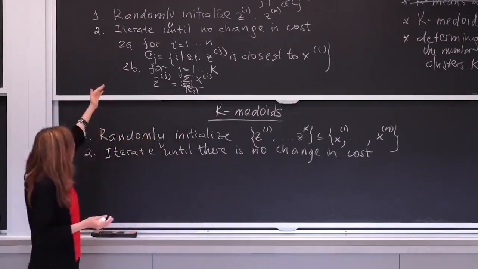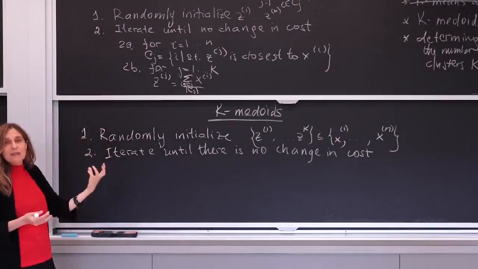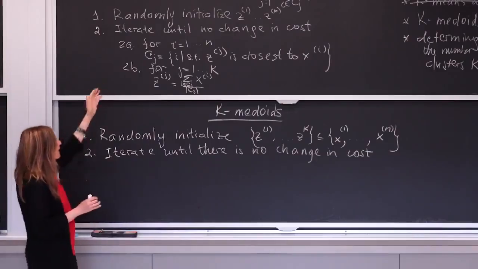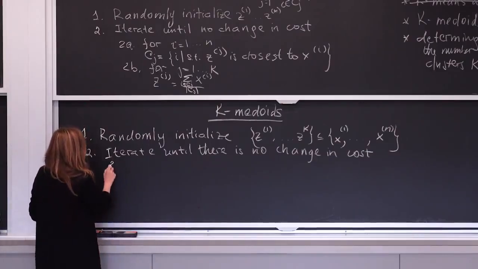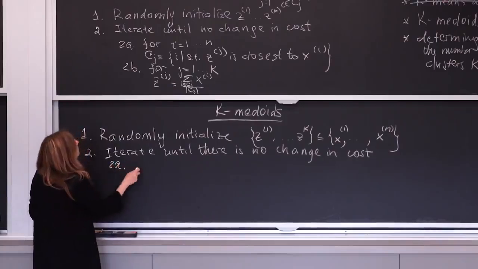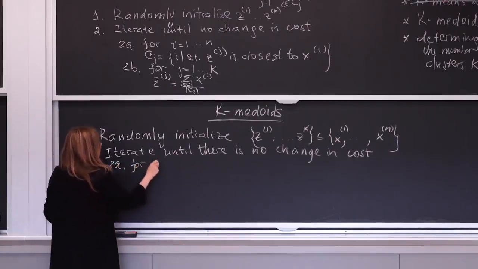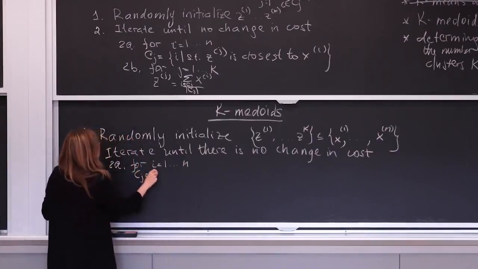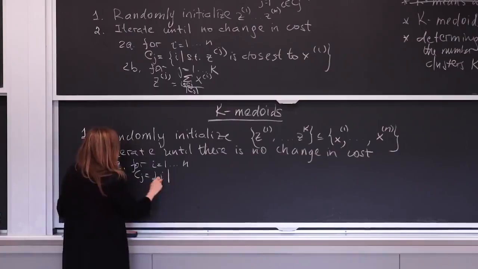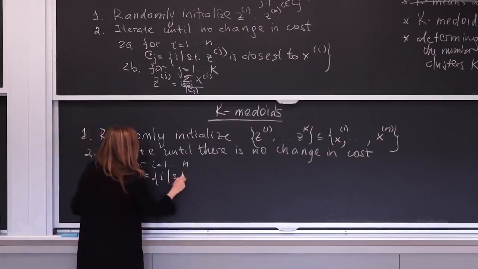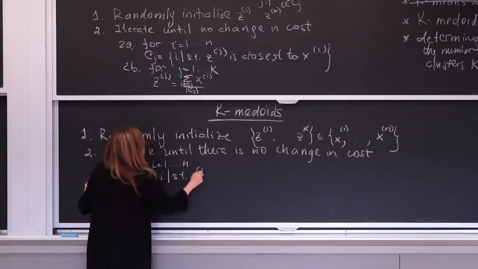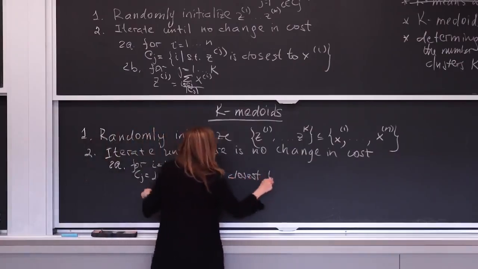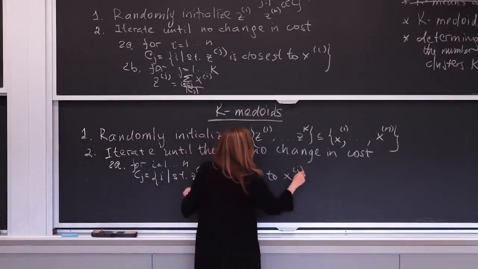So we can directly copy step 2a, which builds the partitions given particular representatives, from what we had before. So step 2a will be: for i from 1 to n, Cj collects all the i's such that Zj is closest to xi.